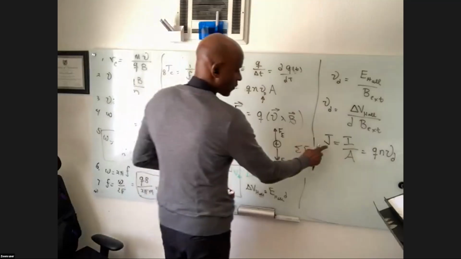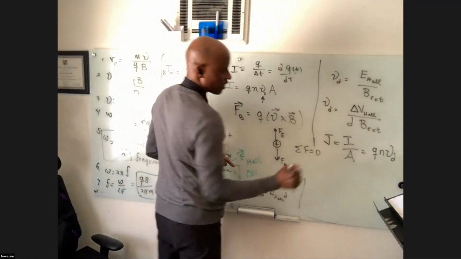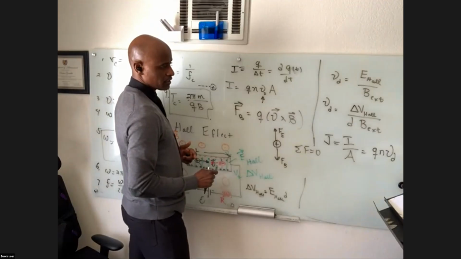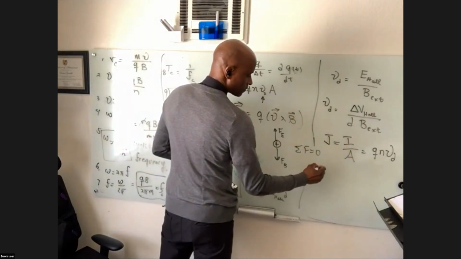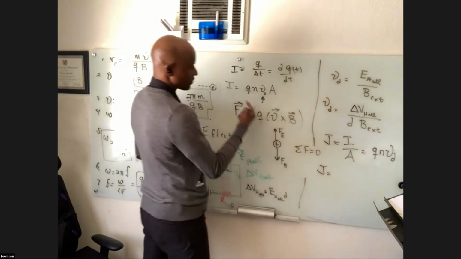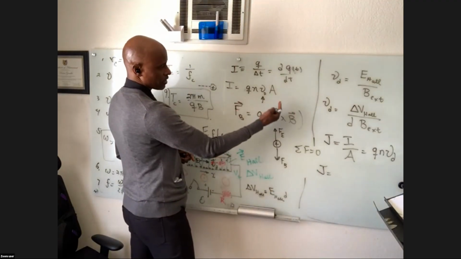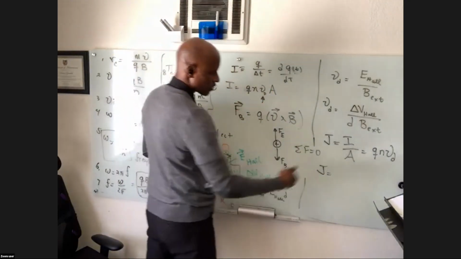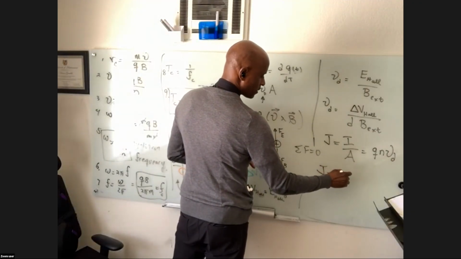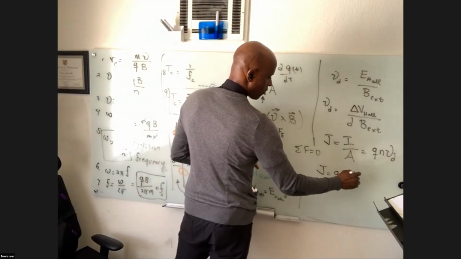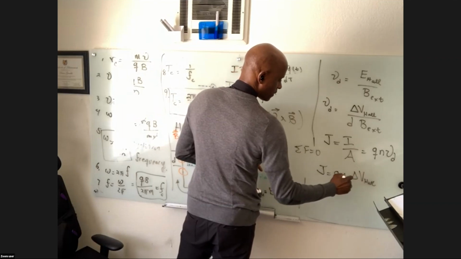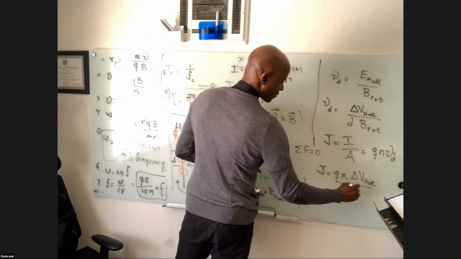I could now write current density in terms of my Hall field because I have a relationship for the drift velocity. So current density is equal to the charge times number density times the Hall voltage divided by D times the external field.